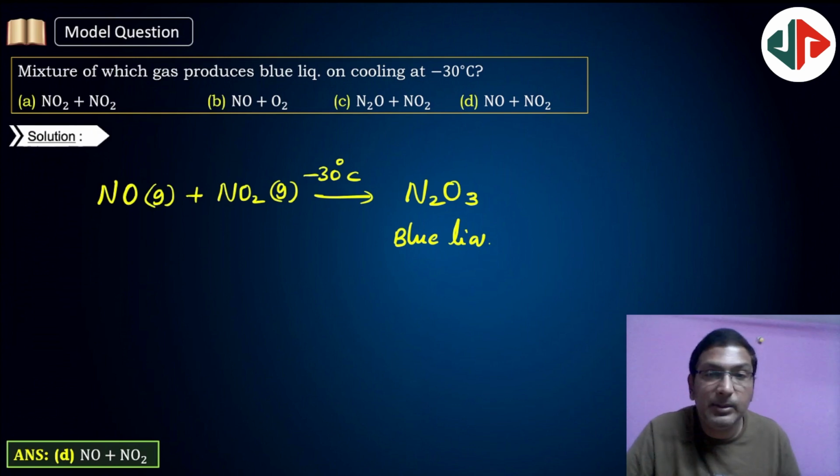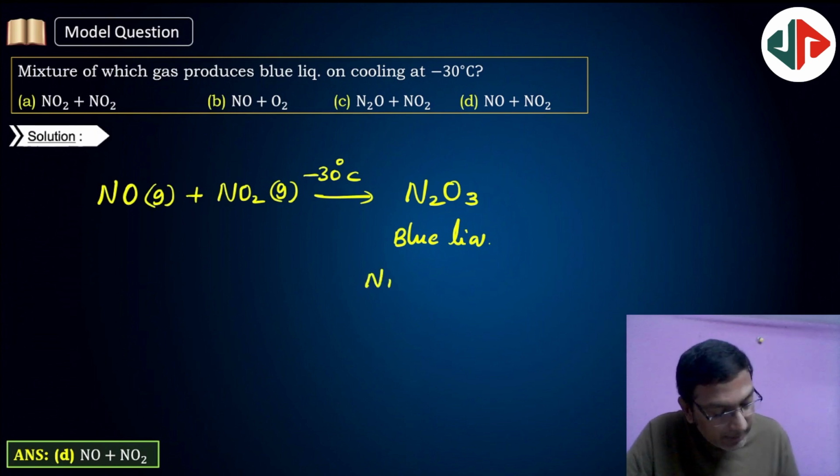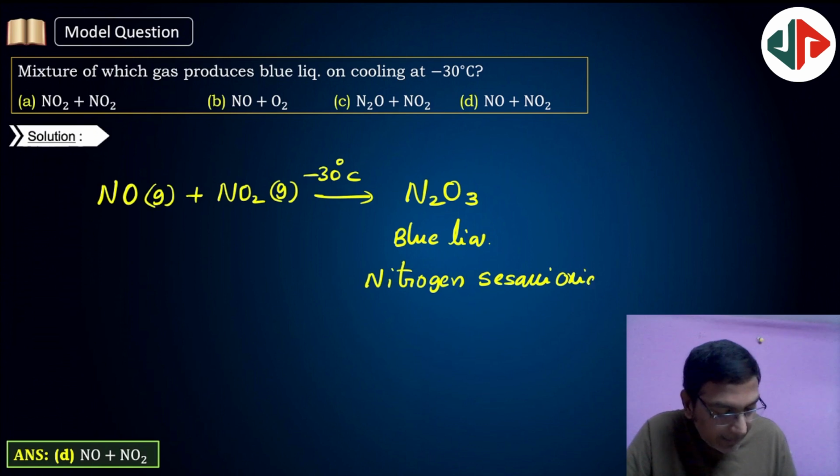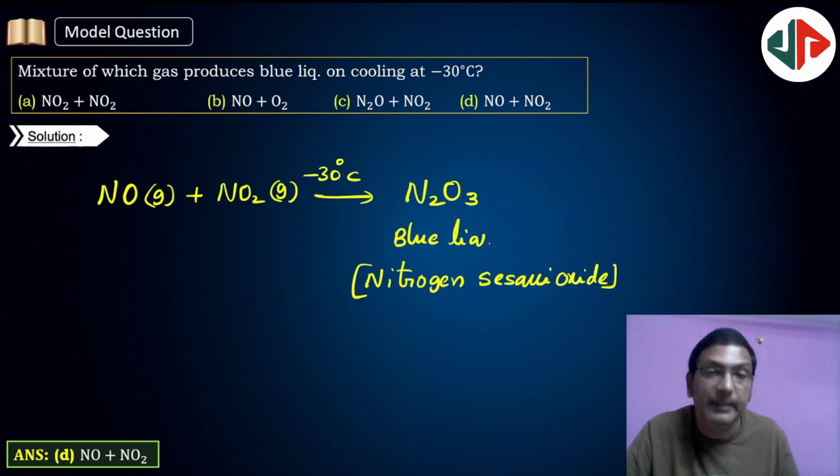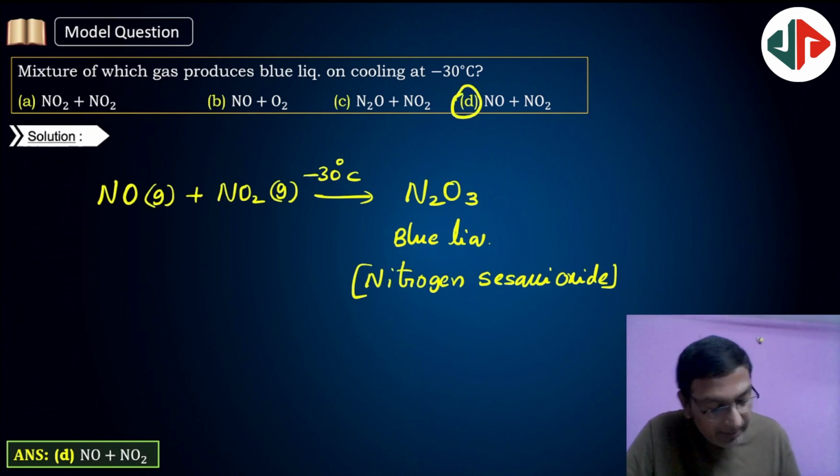So dinitrogen trioxide or nitrogen sesquioxide. So option D. This is best method of preparation of N2O3. Next.